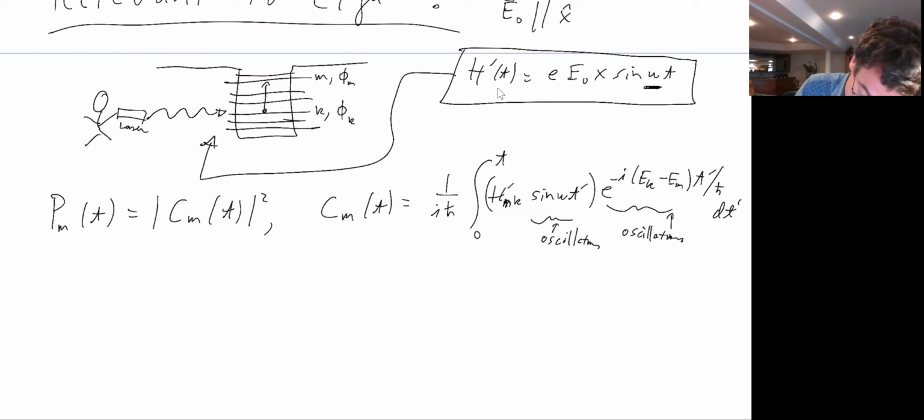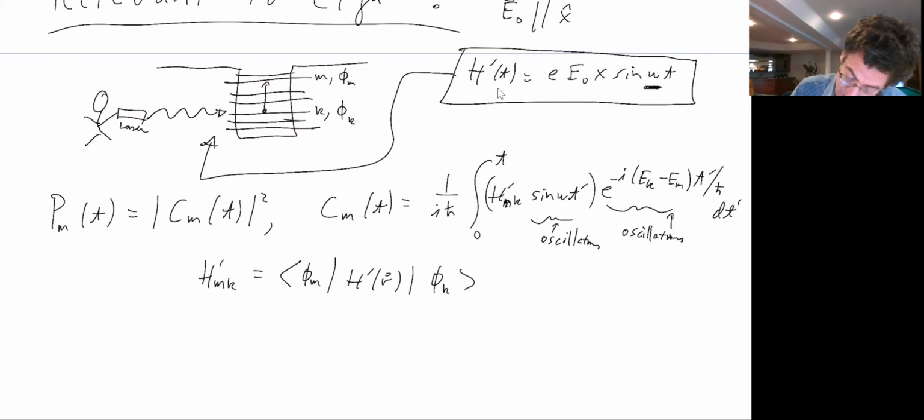And let's remind ourselves that this matrix element is going to be equal to phi sub m, then the time independent part, h prime of r, that's the part without the time, phi sub k.